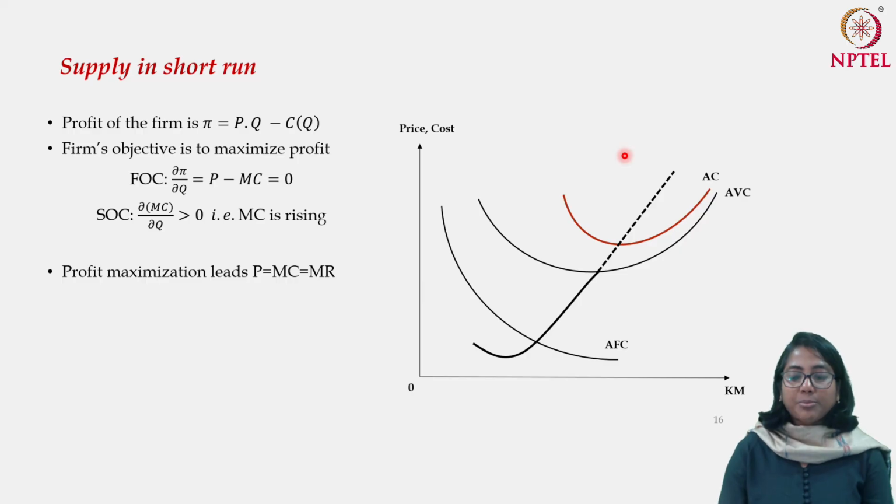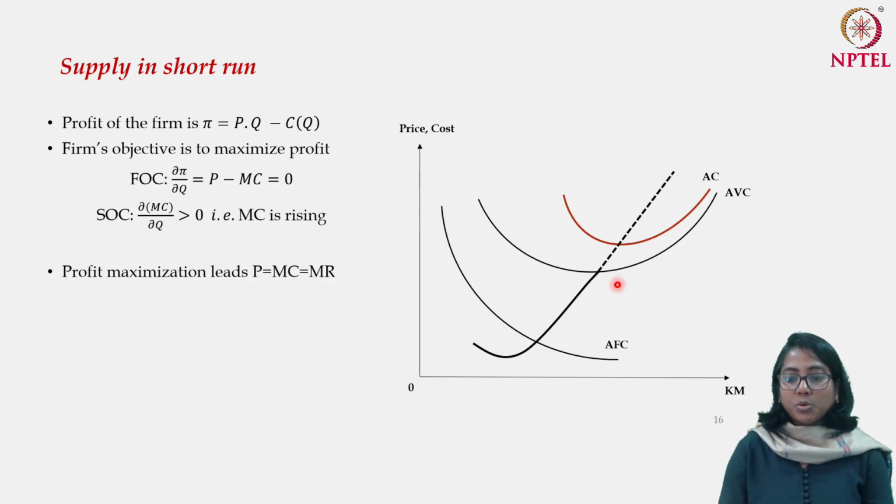Now let us see what the profit maximizing condition for the firm is. It says P has to be equal to MC. We'll come to this point in a while, but let us have a quick look at the second order condition first, which says that it has to be the rising part of MC. So we cannot have any profit maximizing equilibrium at the downward falling part of MC. When we are talking about the supply curve, it has to be the upward rising part of MC.